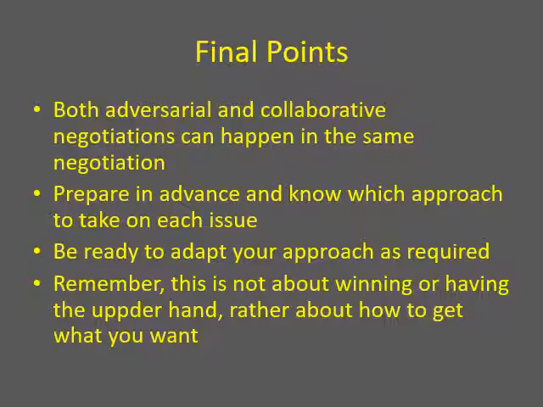At which point you may enter into a slightly more adversarial style negotiation. But once you've concluded negotiation on that single issue, you can then switch back to collaborative. So overall, you're having a very collaborative style of negotiation, but always recognize when this is likely to happen.